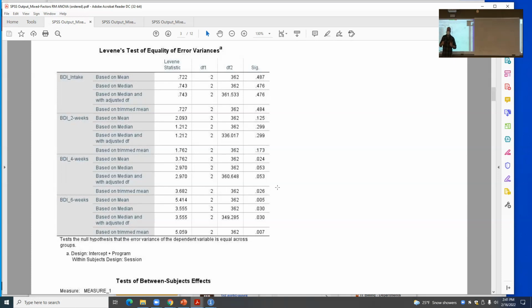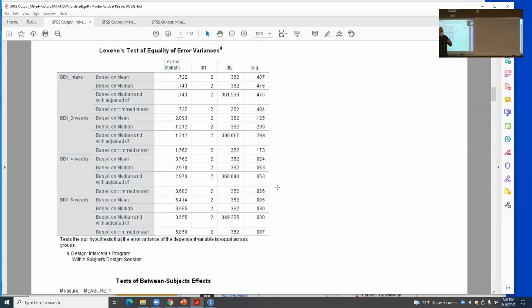Remember that for these analyses, we have an assumption of homogeneity of variance, both within and across groups. Here we're seeing that by the time we get to our third and fourth time points, we have potential violations of homogeneity of variance.